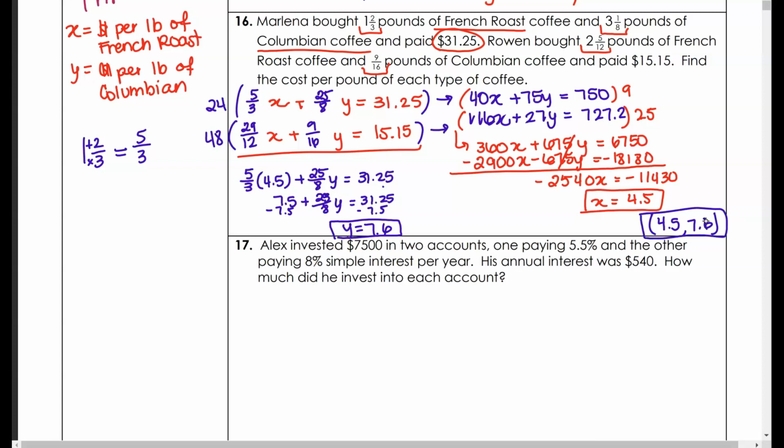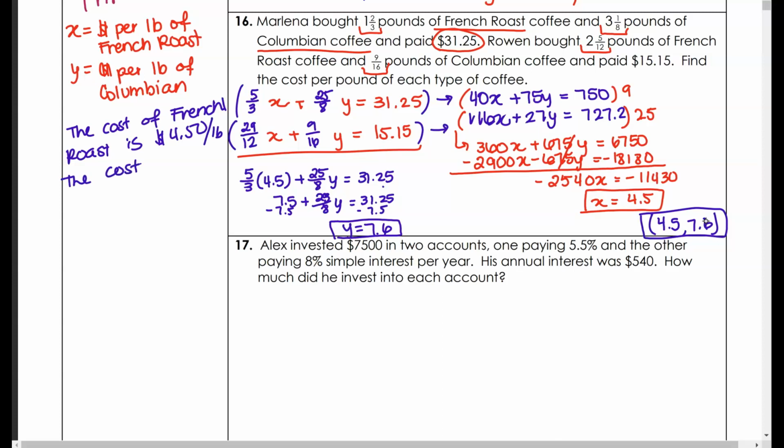All right, so we would say then, in terms of making sure that we have our sentence, we would have the cost of French roast is $4.50 per pound.